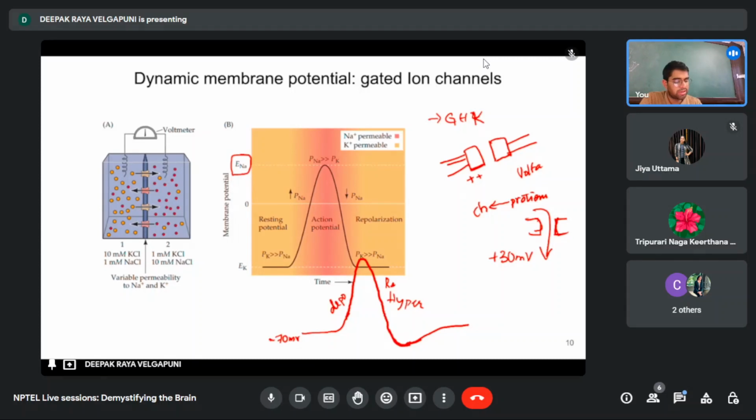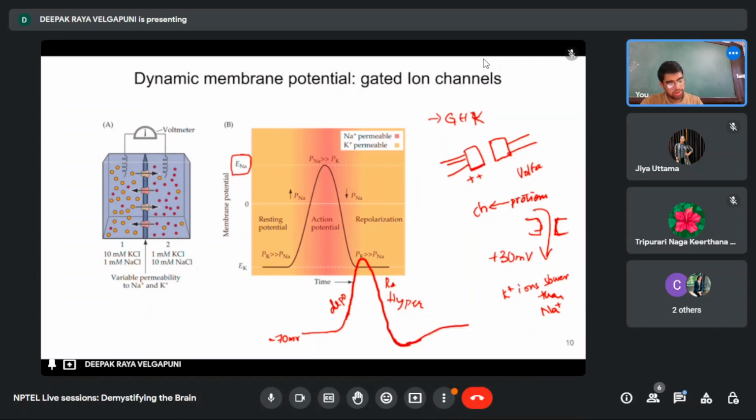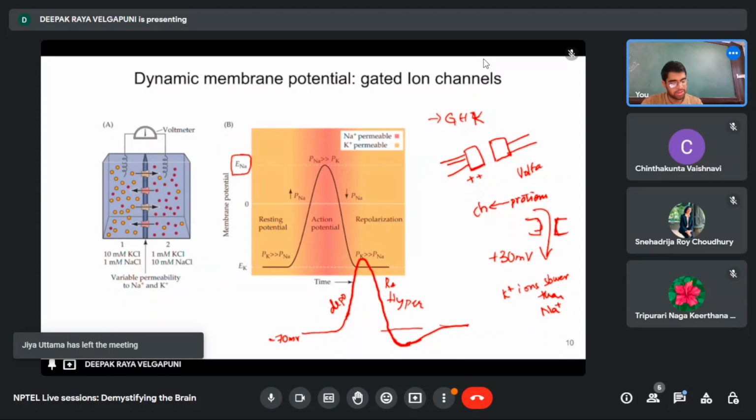Usually the K plus ion channels are slower than Na plus. So getting down is repolarization, and once it goes below, this is hyperpolarization, and then it comes back to the resting stage.